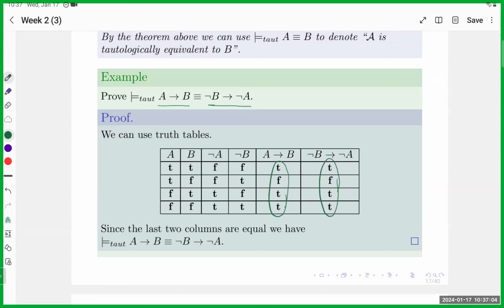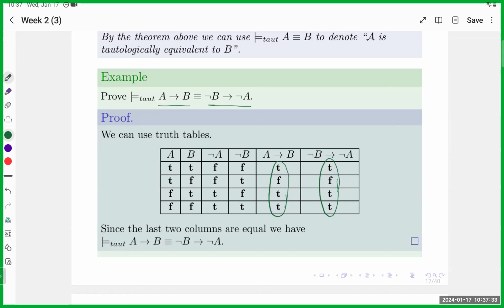If they differ even in one row, meaning that row corresponds to a state, then in that state the values are different, therefore they're not tautologically equivalent. So that's how you check whether two formulas are tautologically equivalent.